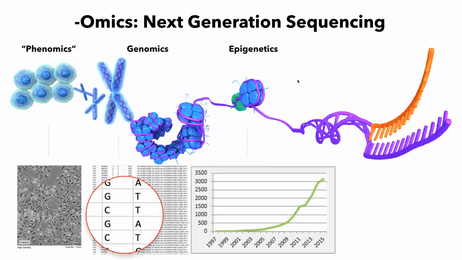Then we can also look at various epigenetic signals. Epigenetics has been a growing field in popularity. Epigenetic data is essentially the same next generation sequencing data, but instead of looking at the changes in the DNA code, we are looking at histones, those areas of the DNA that are wrapped around the histone, so they are not read easily.